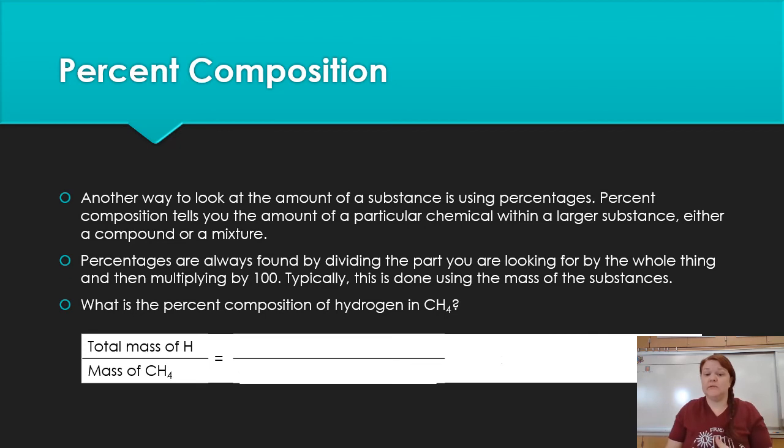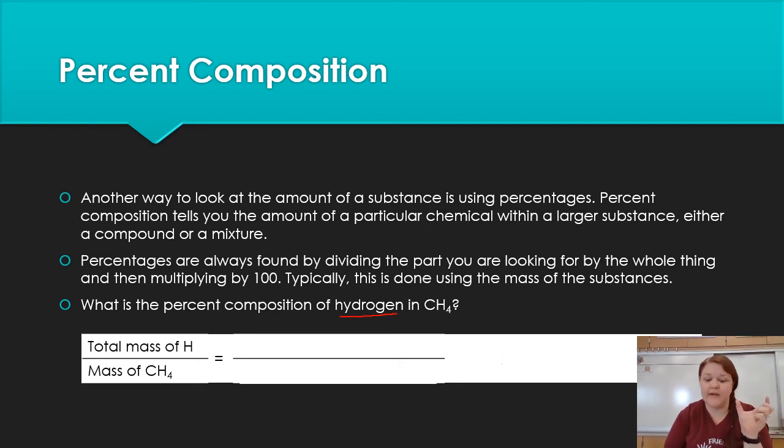Or, if we have no information, like in this question, what is the percent composition of hydrogen in CH4? CH4 is always the same formula, so we can use our molar masses for this. So let's see how this might be set up. Again, we want to take the mass of the piece we're looking at, which is hydrogen.